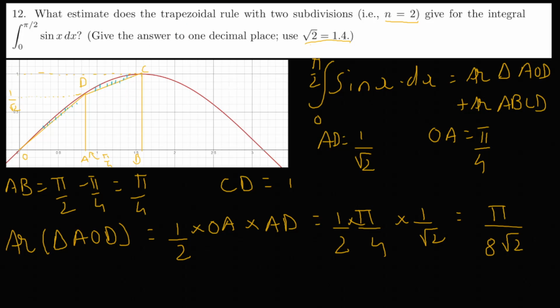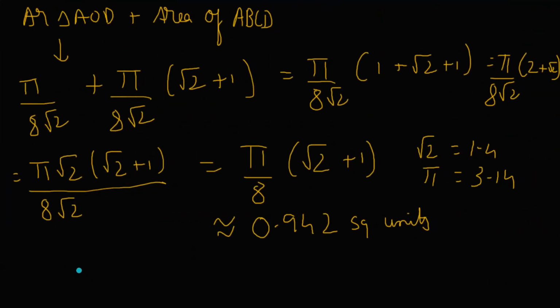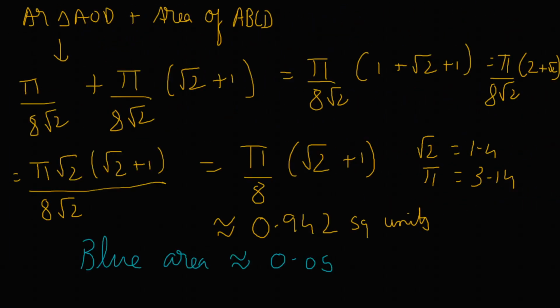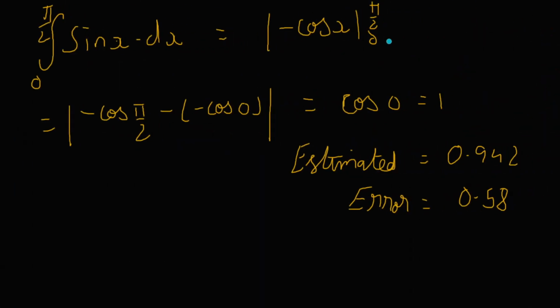So therefore, the blue area is approximately equal to 0.058 units. So my bad here, this is 0.058, the error. Now we are done.